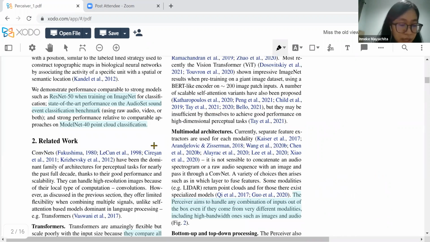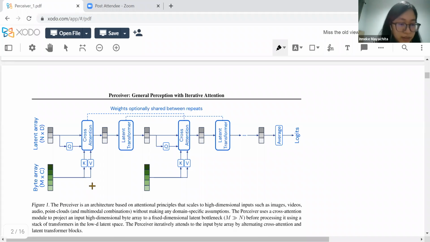But here they make it different: the query comes from a latent array, while the key and values come from the inputs. This way, instead of having an m squared complexity from the inputs, we can reduce it to m times n.